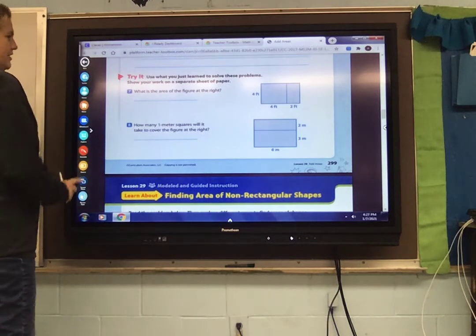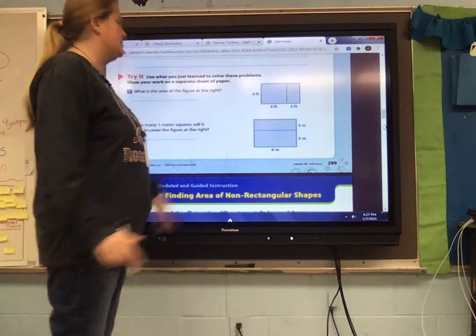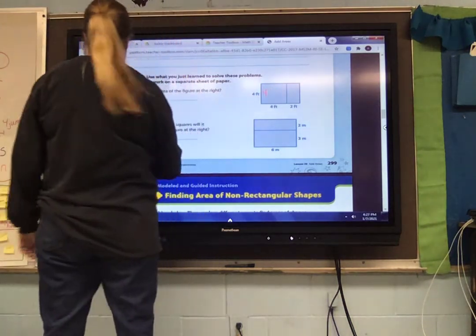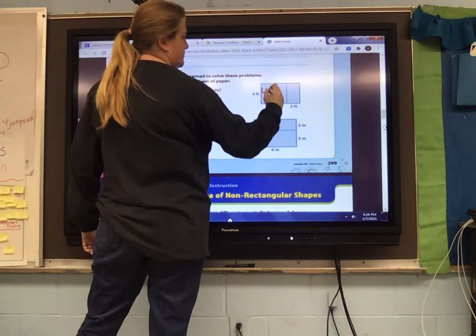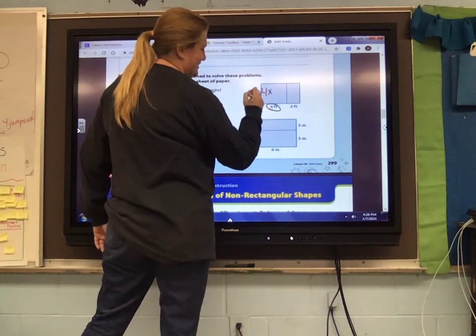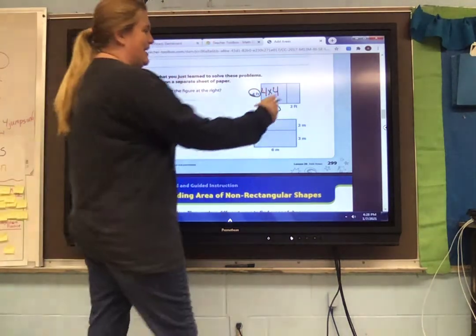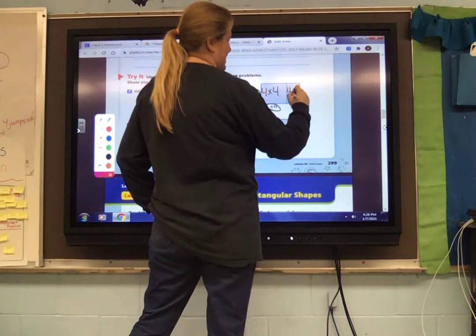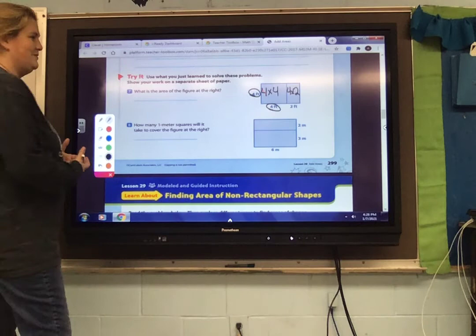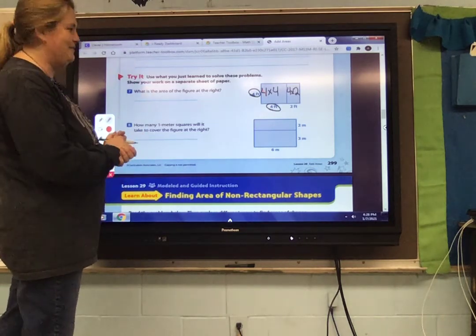For number 7, what is the area of the figure at the right? So we have two rectangles. Our first one is 4 times 4, and our second rectangle is 4 times 2. So we're going to find 4 times 4, and then we're going to find 4 times 2, and then we're going to add them together.